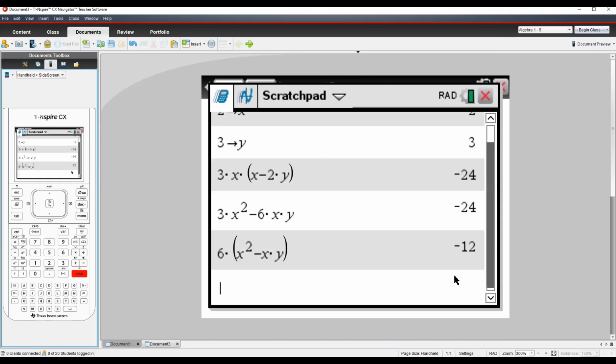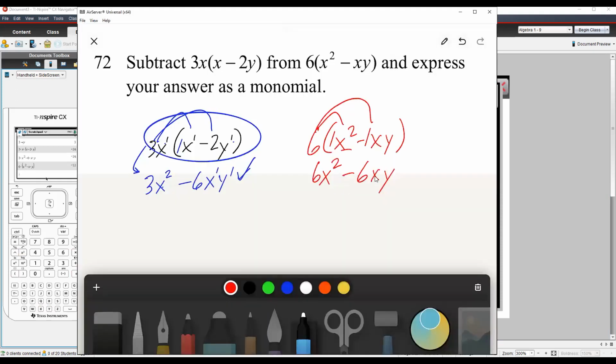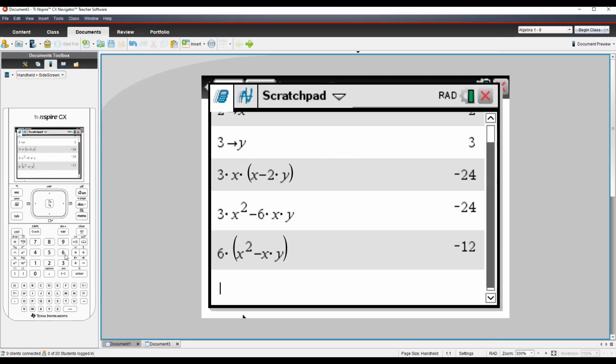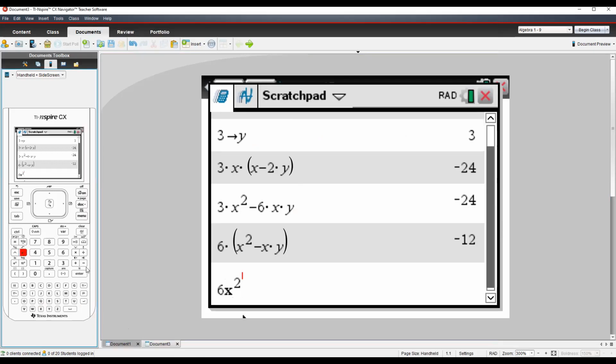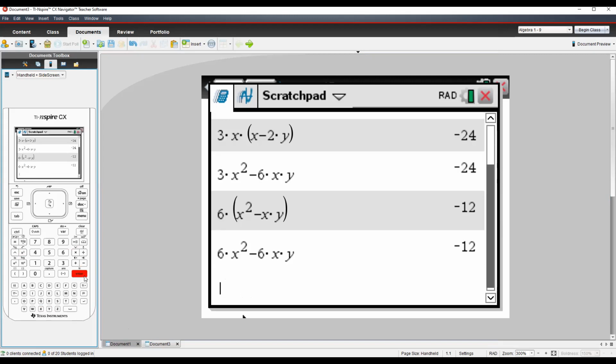Press enter, I get a -12, and now I'm going to check my answer, 6x squared minus 6xy. So all I have to do is type that in, 6x squared minus 6x times y, press enter. They match, so that means that's good.